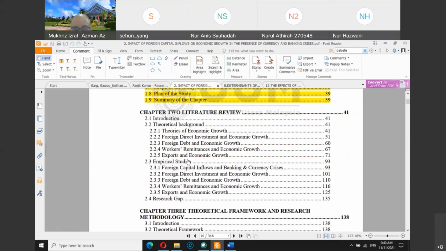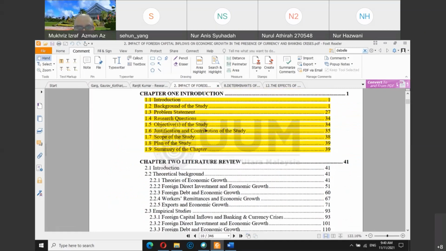These are the collection of articles that are relevant to your project, and you want to show them in chapter 2. But in chapter 1, in the background of the study, you need to show at least around 3 to 5 relevant articles, to provide some evidence about the issue that you are investigating.